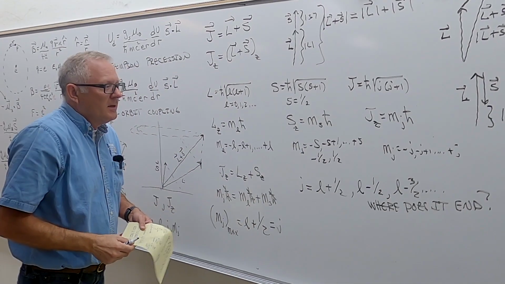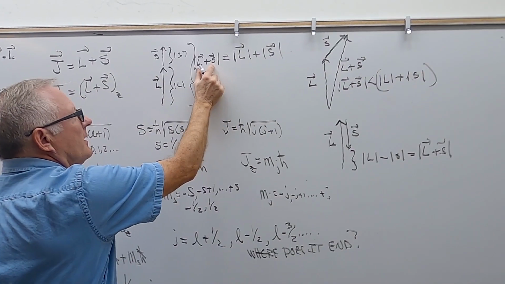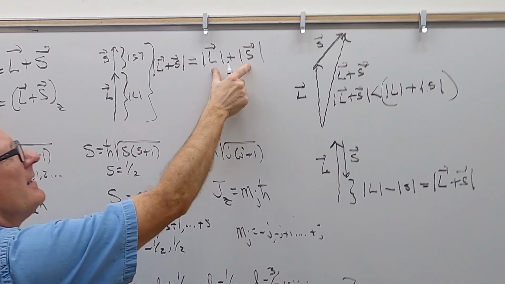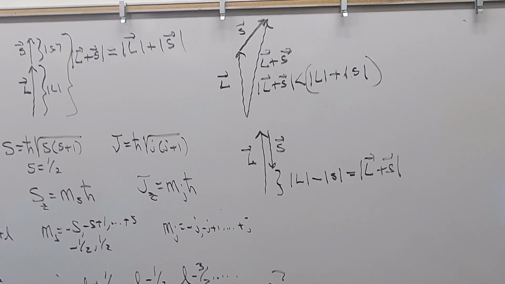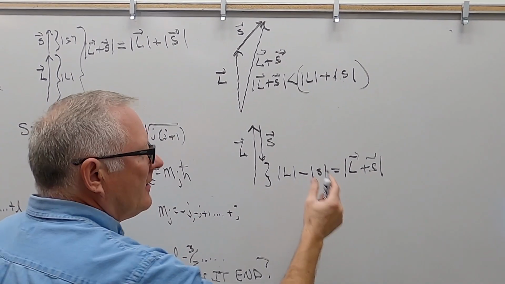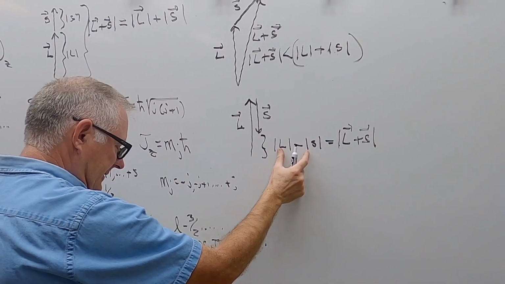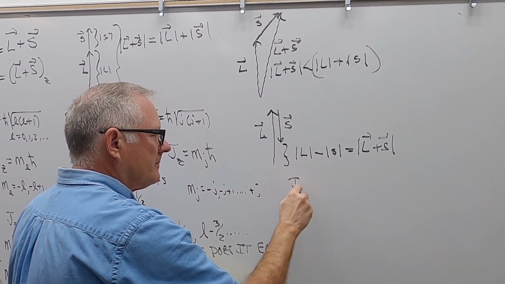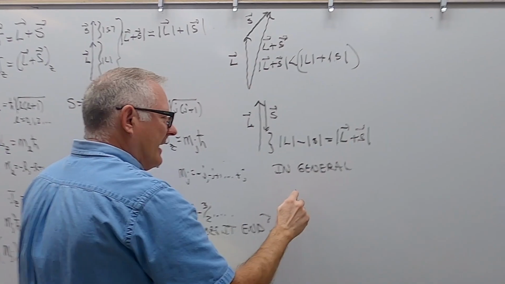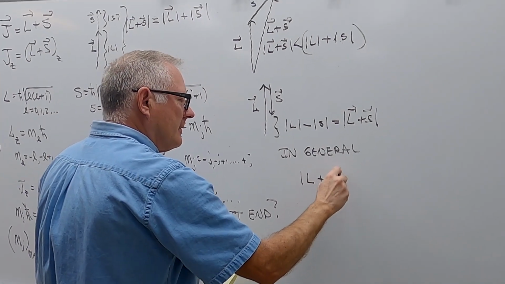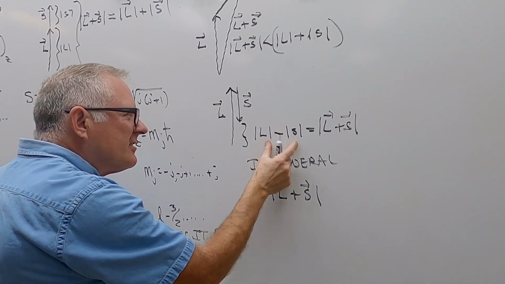Okay, you notice all of these were L plus S's. But this is the longest it can be, this is some intermediate length, and this is the shortest length it is. So in general, the magnitude of L plus S is always got to be greater than this, because this is the shortest it could be.